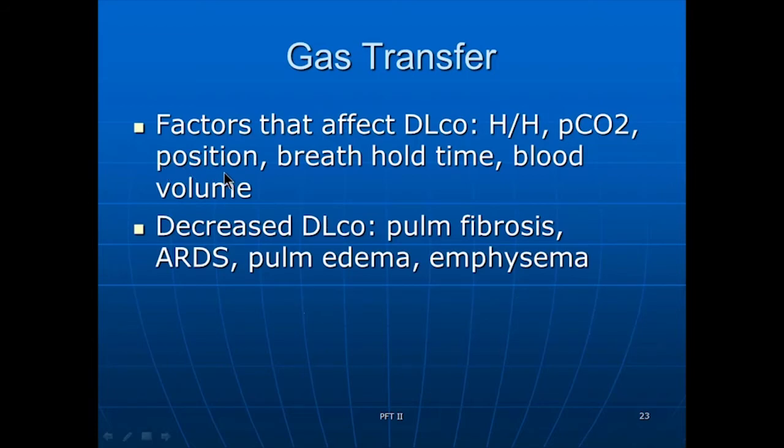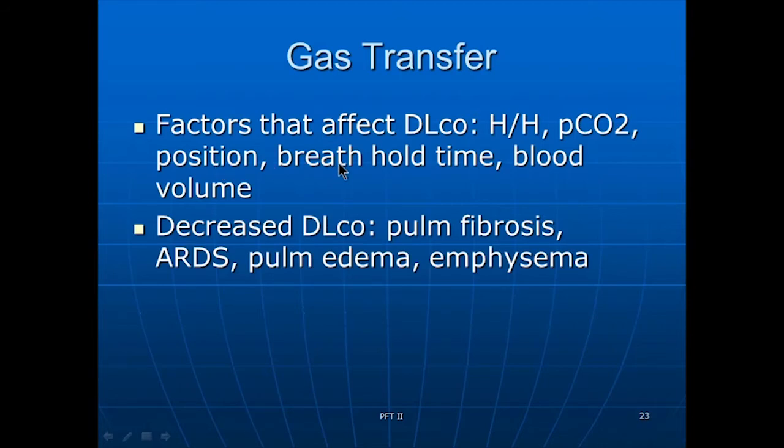Patients in a supine position versus a sitting position. If somebody's in a supine position, you're going to impinge upon your lung capacities and volume. The amount of carbon monoxide that can transfer across the membrane is going to be decreased because your abdominal contents are pushing on the lungs, affecting the amount that's absorbed. That's why they always have these patients in a sitting position.